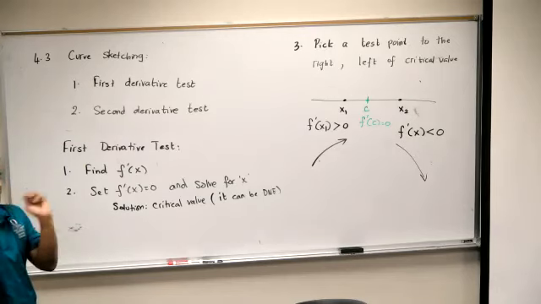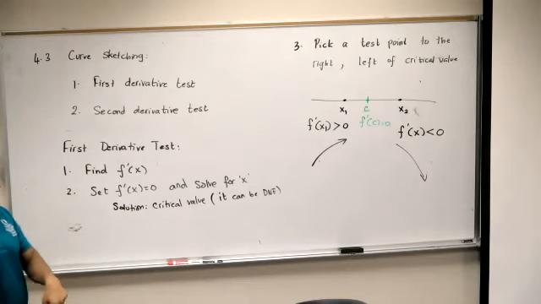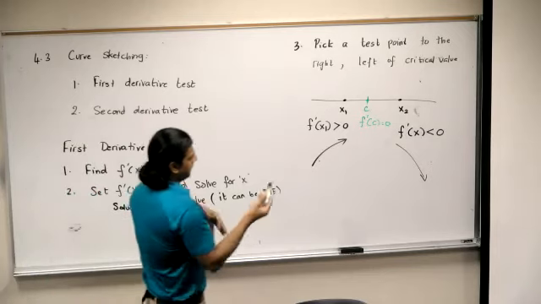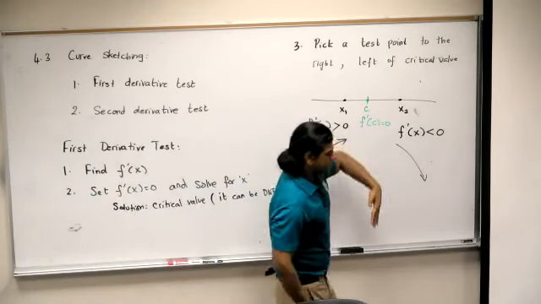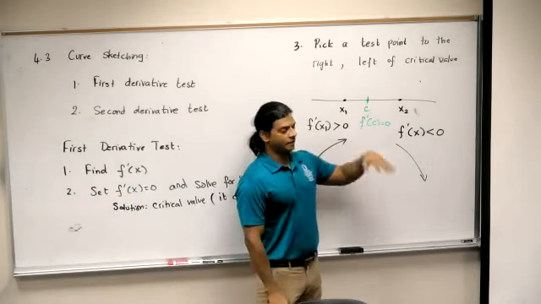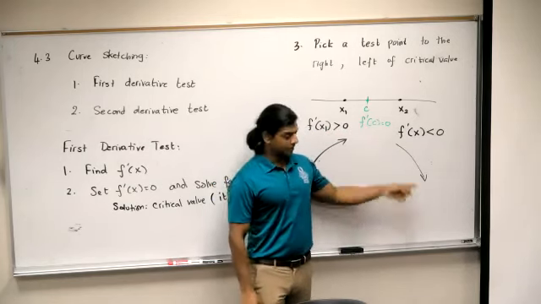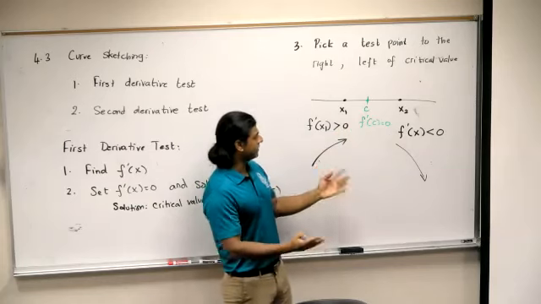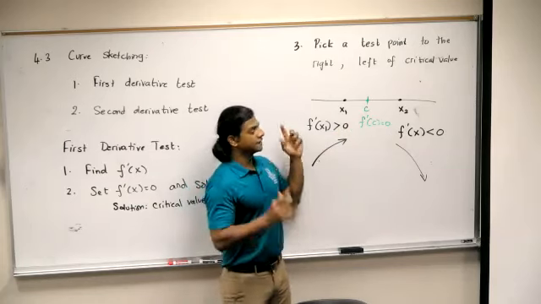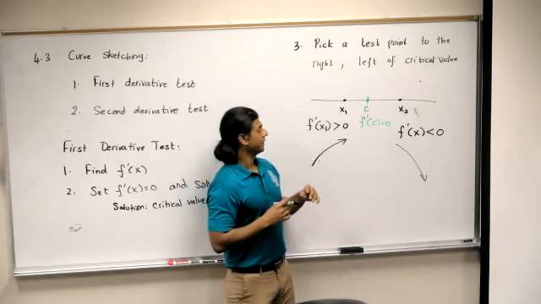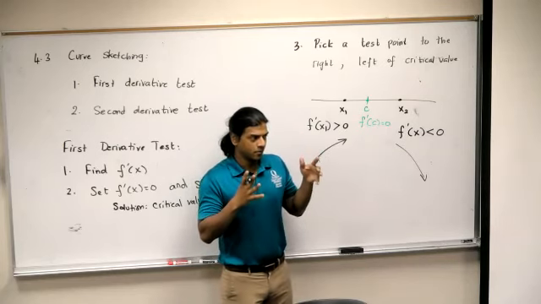Now that I've got that bit of information, in this case, there is going to be a local minimum or maximum from the curve that I just drew, or the nature of the curve. Does f of x have a maximum or minimum?